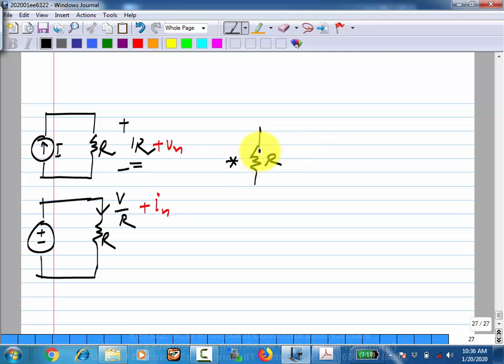I'll put a star here now, but I won't be doing it later. So this is a noiseless resistor. If you had a noiseless resistor, you would get I times R, and then you have a voltage source on top of that.